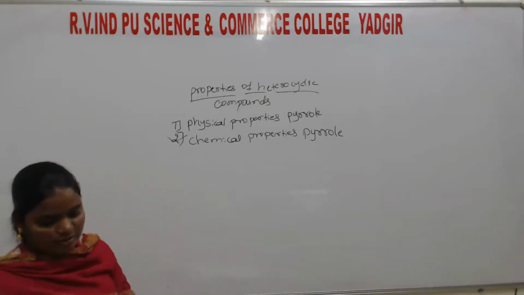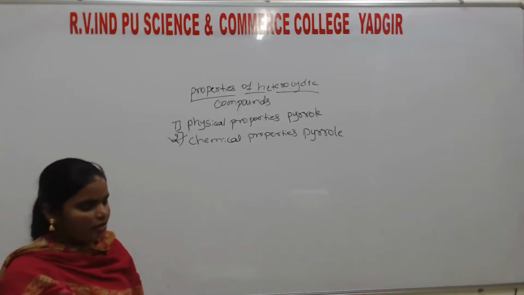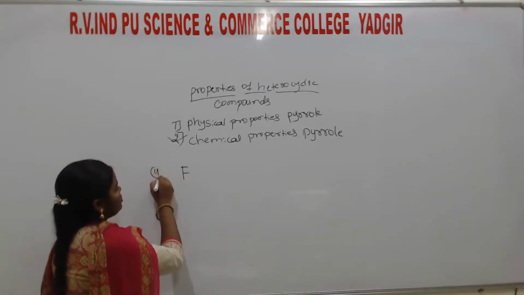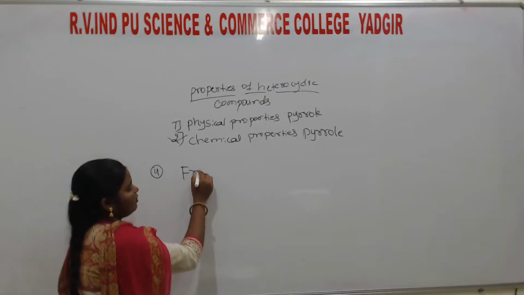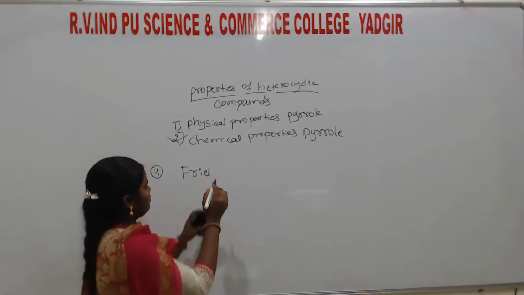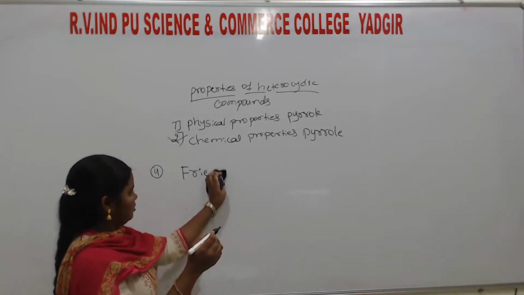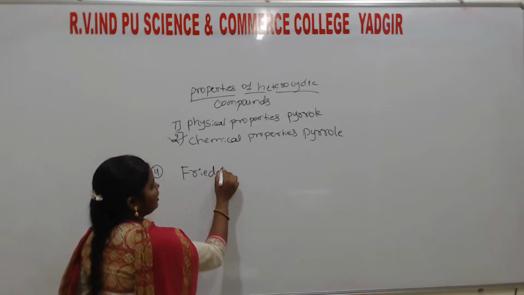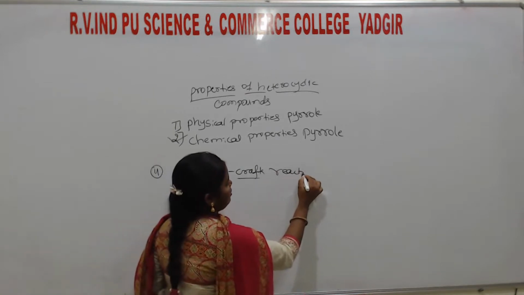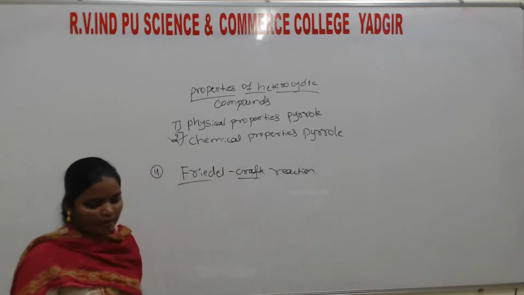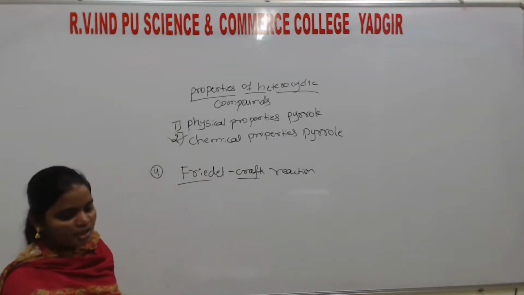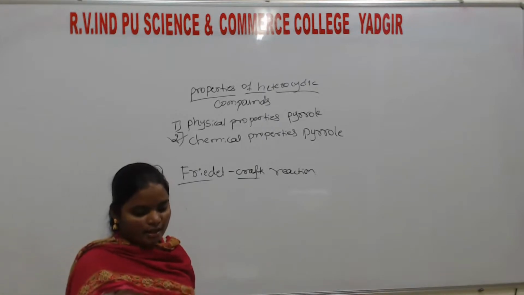And other reactions: the fourth reaction is the Friedel-Crafts reaction. When pyrrole is treated with acetic anhydride, it undergoes substitution reaction to give 2-acetylpyrrole.